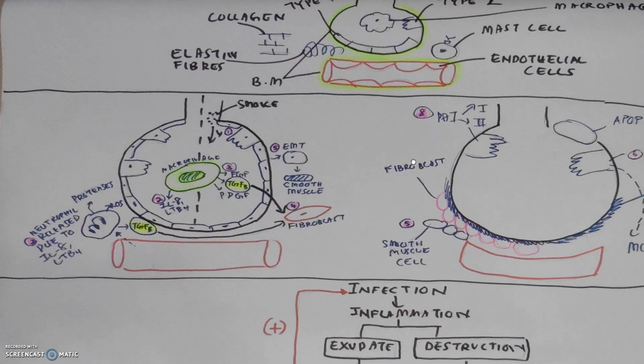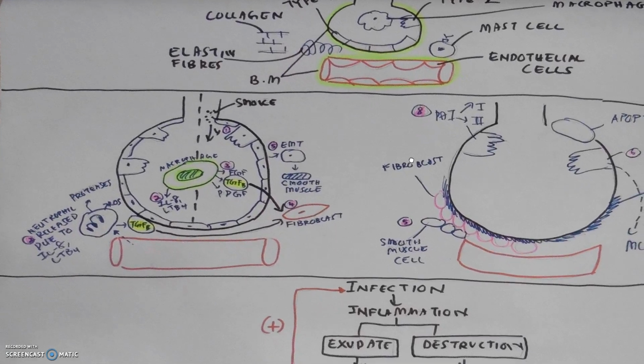As for the fifth point, in addition, the chemical mediators and epithelial damage will cause epithelial mesenchymal transformation. This epithelial damage as well as all these inflammatory mediators are going to cause the epithelium to undergo epithelial mesenchymal transformation. What we mean by this is that the epithelial tissue of the alveolus will become mesenchymal.